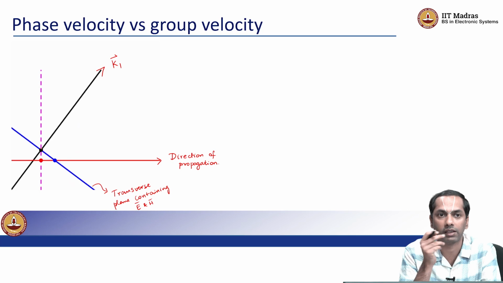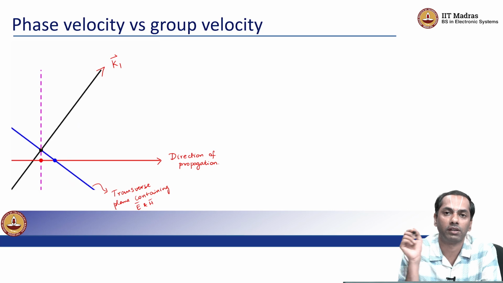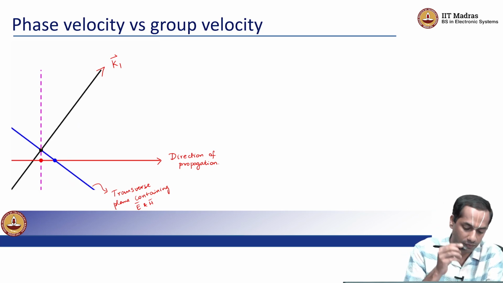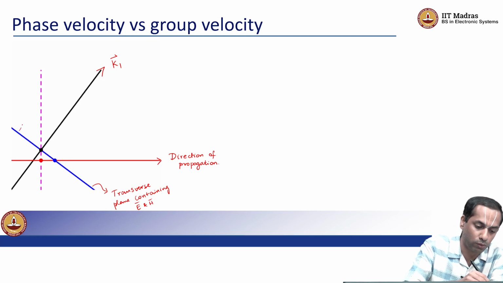So it is essentially the intersection of the plane of constant phase and the direction of propagation, and that intersection point will move to the right as the black dot in time moves along the k vector, representing the movement of the wave front. So I can call the blue also the wave front.